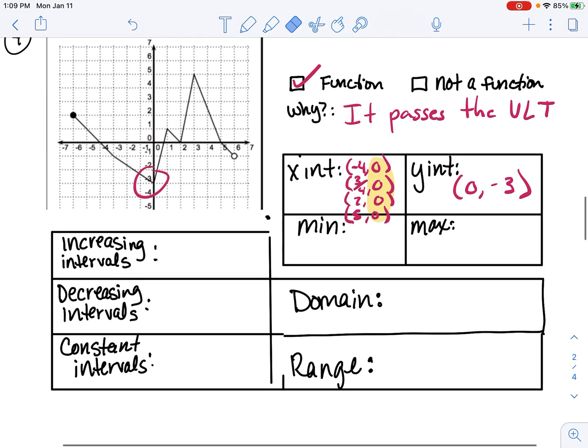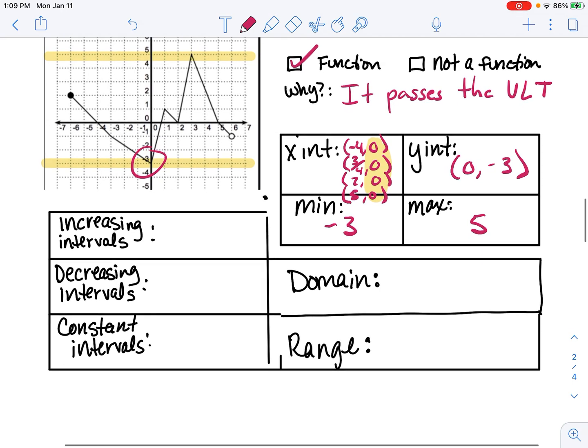Okay. The maximum and the minimum, the lowest, is right here. And the maximum is right here. So the minimum would be -3, and the maximum would be 5. Okay? And for the range, that would be from -3 until 5.